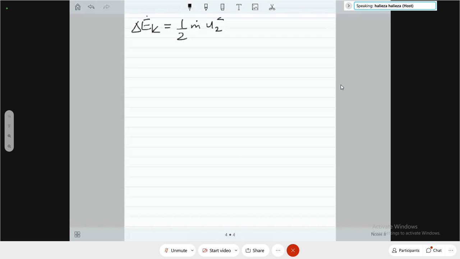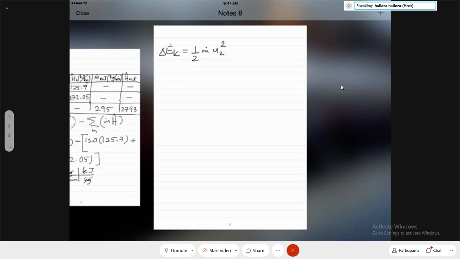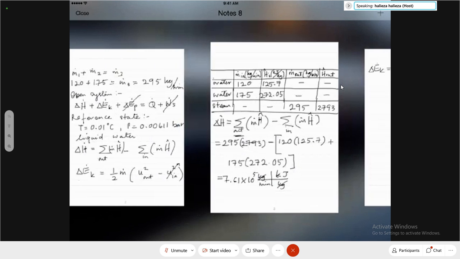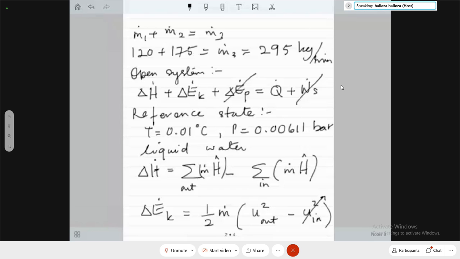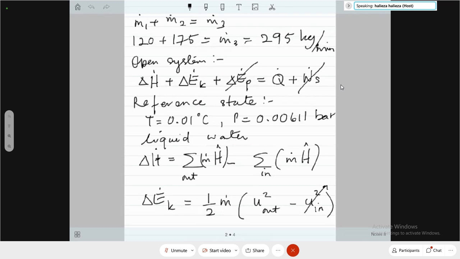Why did I just write there without the minus sign? Because we already know from the bottom equation that the inlet velocity, we're going to ignore it. It's mentioned in the equation that you can ignore the two inlets' kinetic energy. So you only have the outlet velocity that you need to calculate.